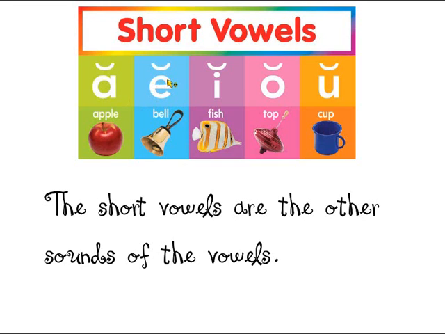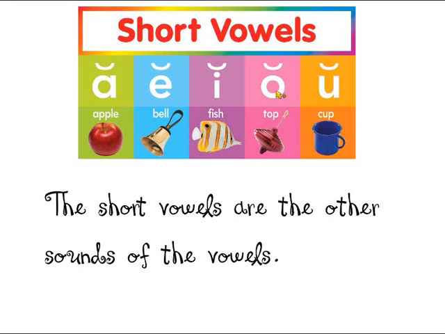The short sound of the E is e, like in bell. The short sound of the vowel I is i, like in fish. The short sound of the letter O, the vowel O, is o, like in top.